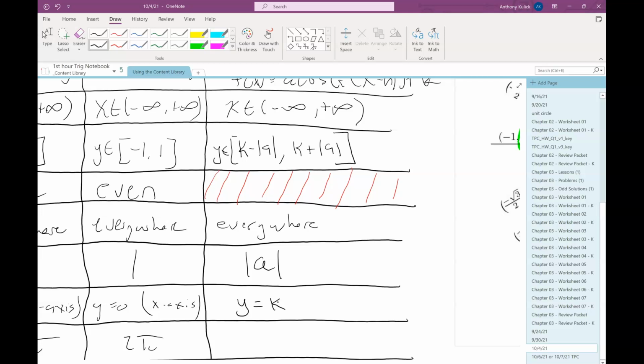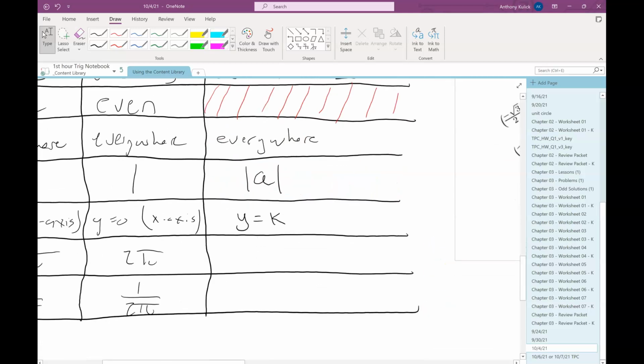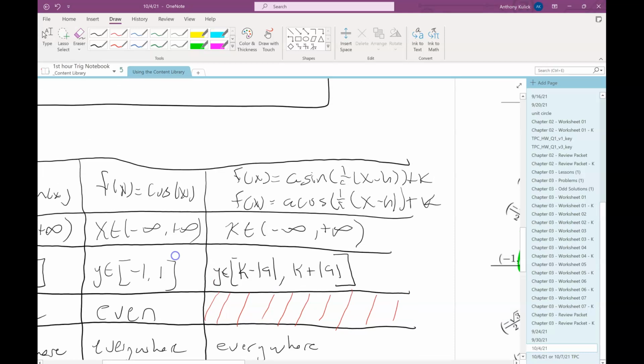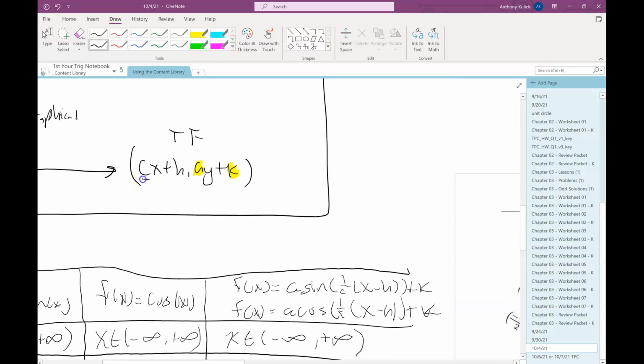The last, we have 2 more. We have to talk about the period next. Can that change? Remember, the period was like the horizontal distance for one cycle. Can that change? Okay, good. What kind of transformation would change that? Horizontal stretch or shrink, which is controlled by the C, which, if we go back and we look, is multiplicative, right? It's multiplying to the x.